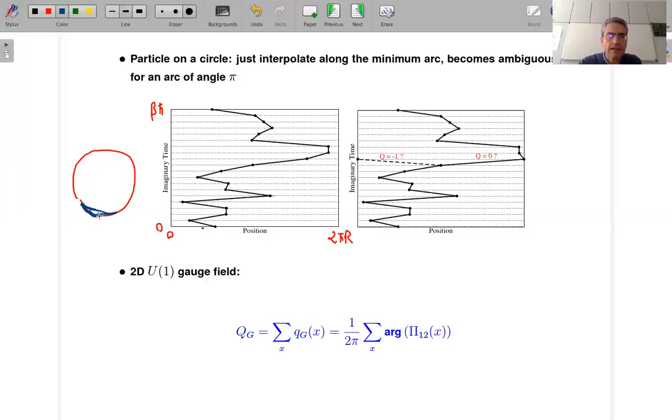And at the end, you will make either a complete round around the circle in discrete steps, or not, or you can make more than one round.